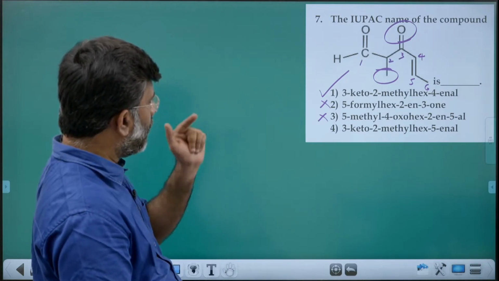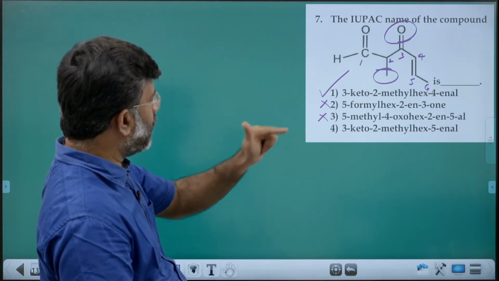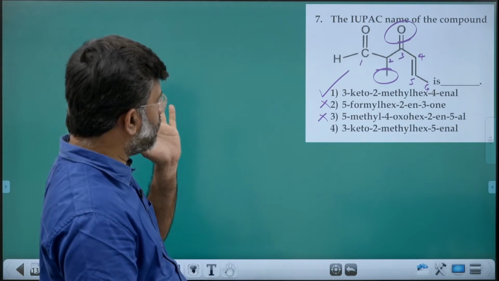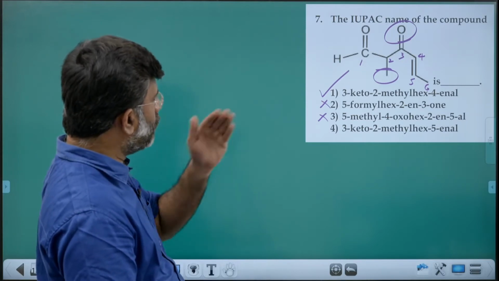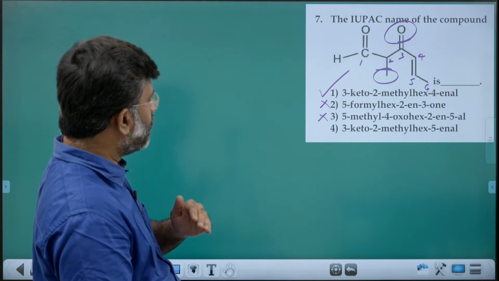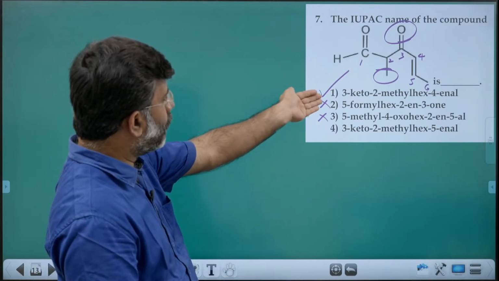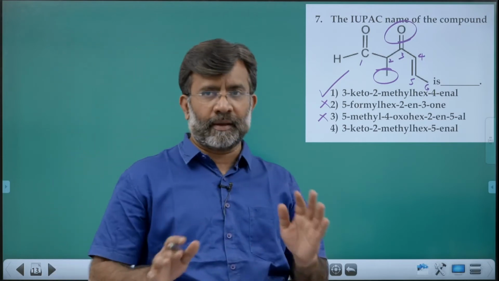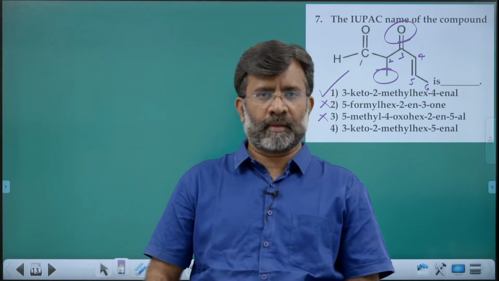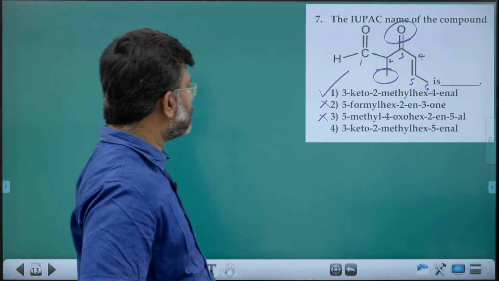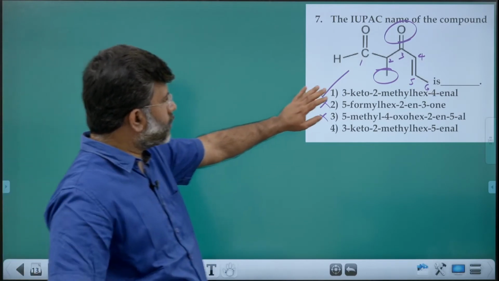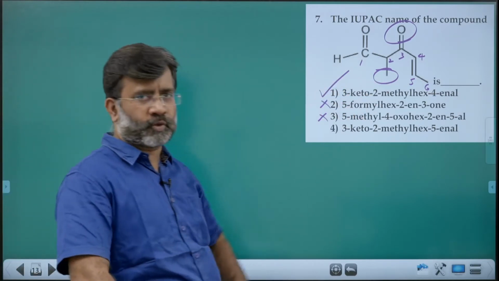It would have been better if it is 2-methyl, 3-oxo, hex, 4-enol. That would have been the correct representation. Okay, next. Anyway, here the most appropriate answer I am selecting is option 1. Next one.